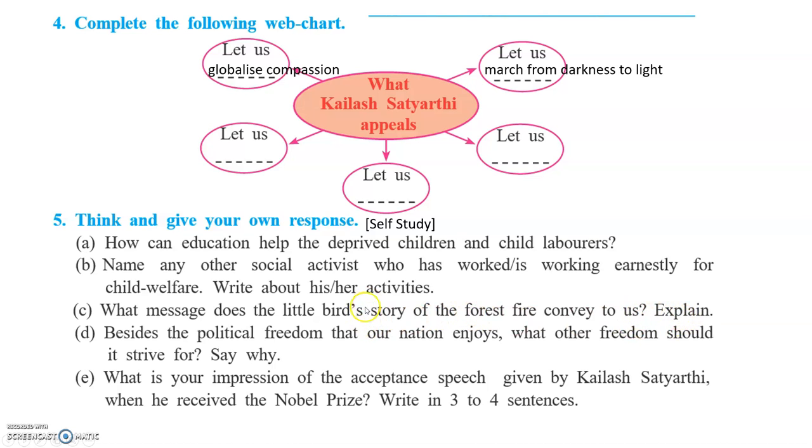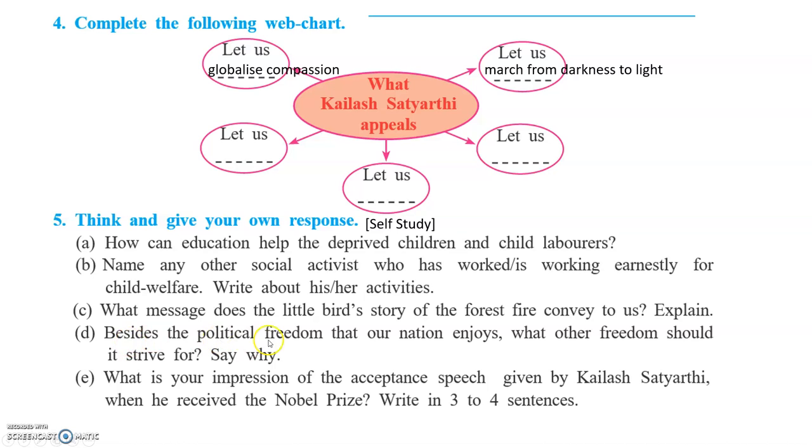Here, we can talk about how, no matter what your problem may be, you should always try to find a solution to it, not give up, not be disappointed. Because the bird was not giving up, saying, I'm doing my bit. Okay, so if any other message comes into your mind, you can write that also.